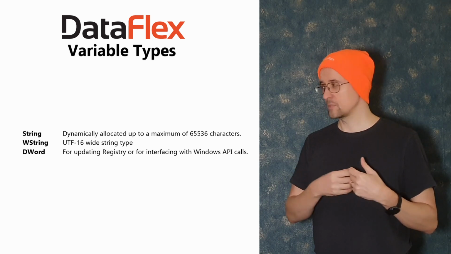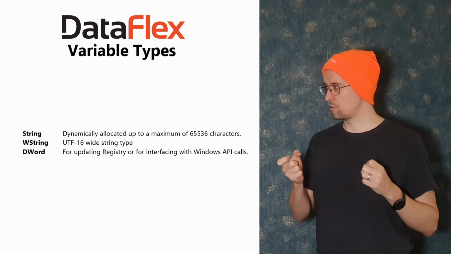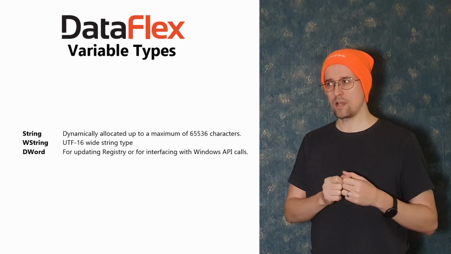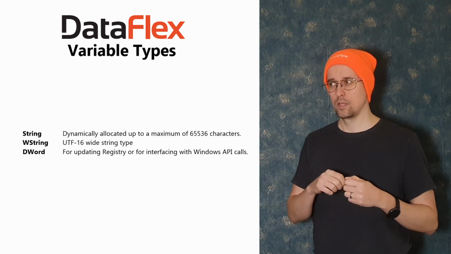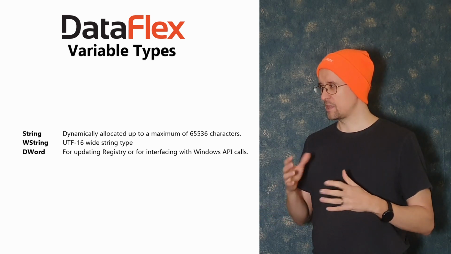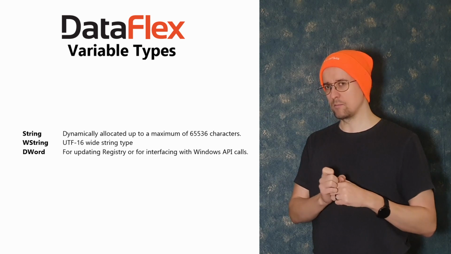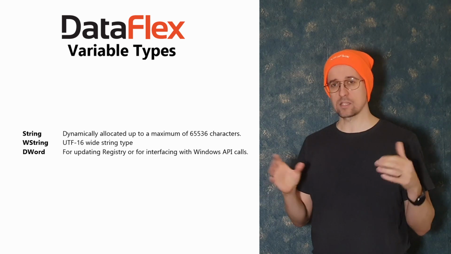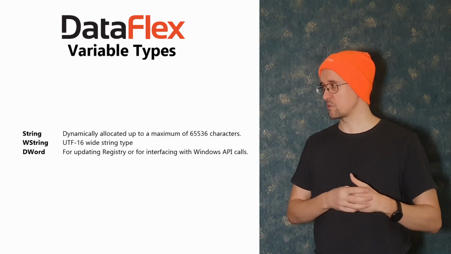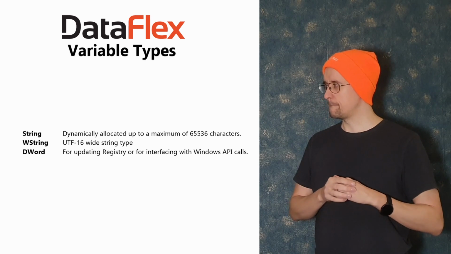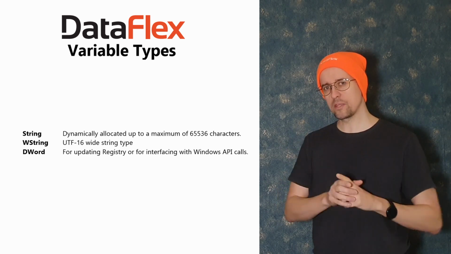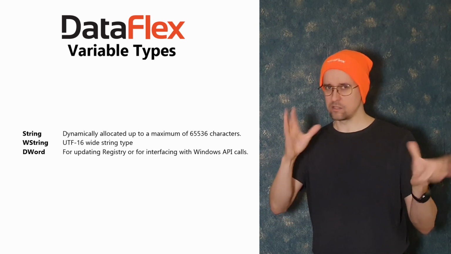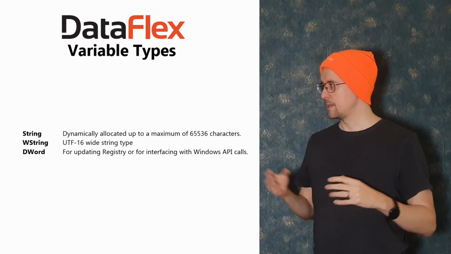And I'm not really 100% sure if this is the one we're supposed to use if we want to store values that are Unicode from now on, because I think that string would also be able to manage those, as the entire DataFlex has gone over to Unicode in the later versions. I haven't tested that, but if you know something about that, then please write it in the comments below, or I'll write it in the description if I have time to look at it.